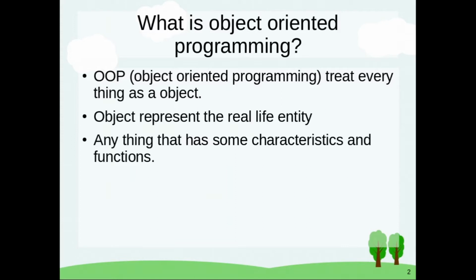Like, I am an entity. In other words, I can say I am an object. I have some characteristics, like my name, age, height, etc. And I have some functions too: I can walk, I can learn, etc. So the basic thing behind object-oriented programming is the object.